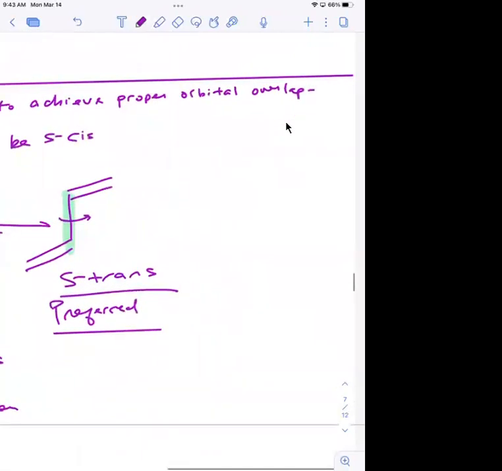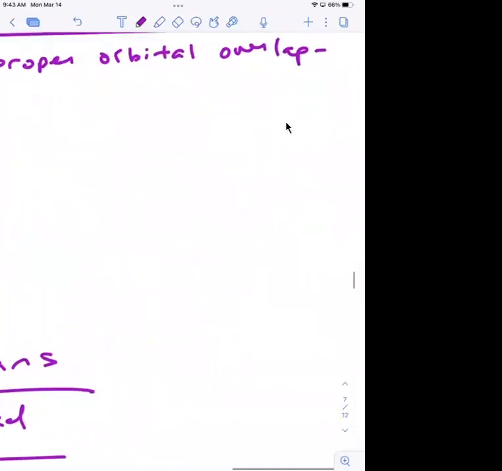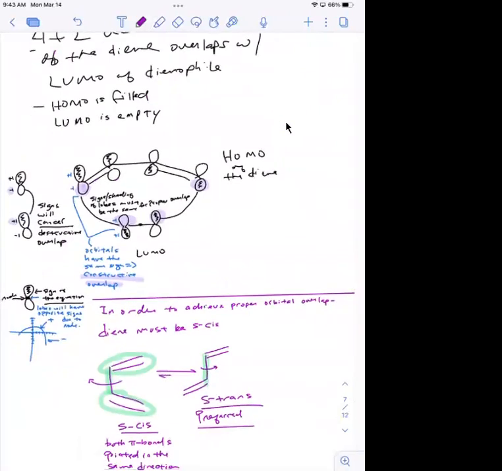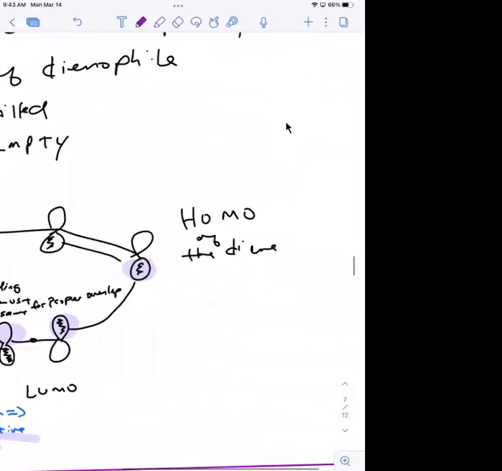And if you think about this in terms of the transition state, which is what we were talking about here, I didn't make that clear, but this is what the transition state looks like.